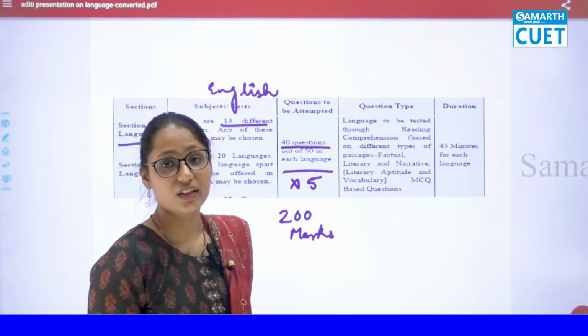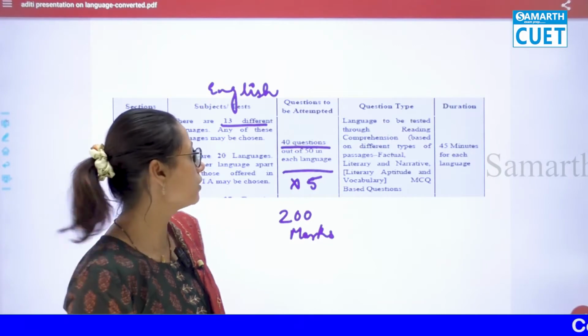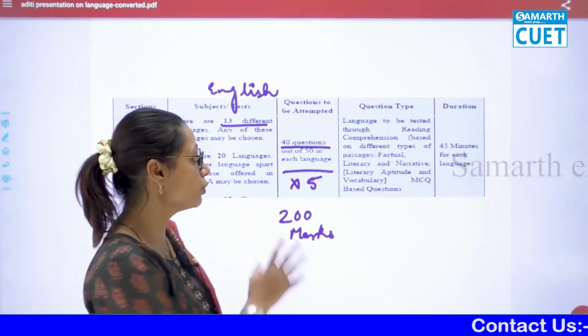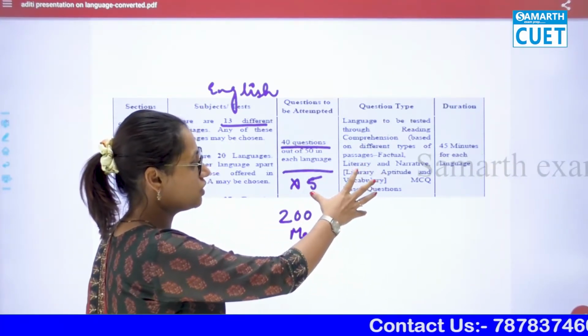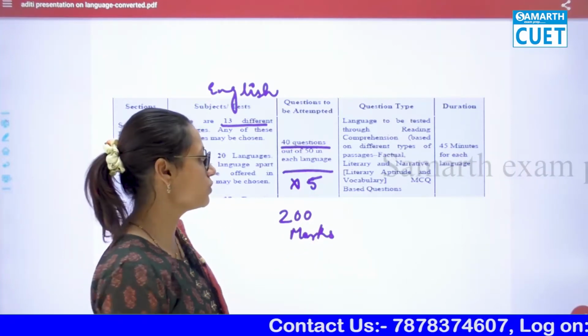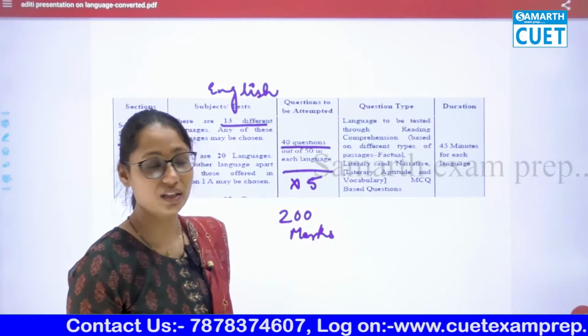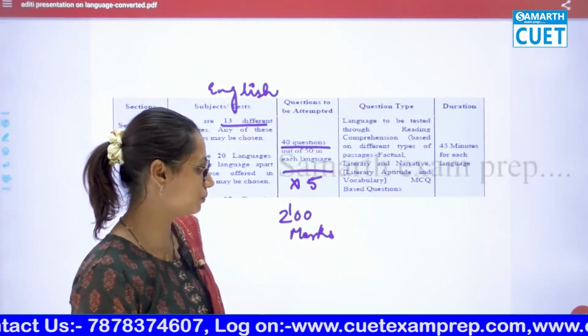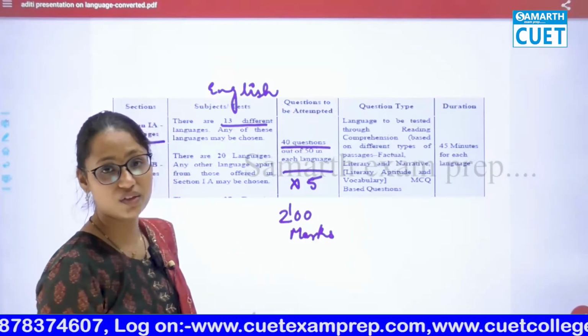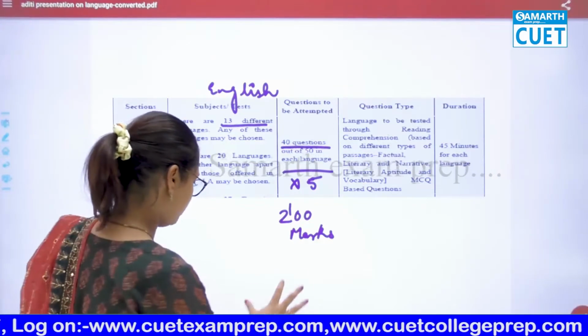Your knowledge will be tested through comprehension. There will be different types of comprehensions, which will be factual, literary and narrative, and that will be tested through MCQs. The exam duration will be 45 minutes.